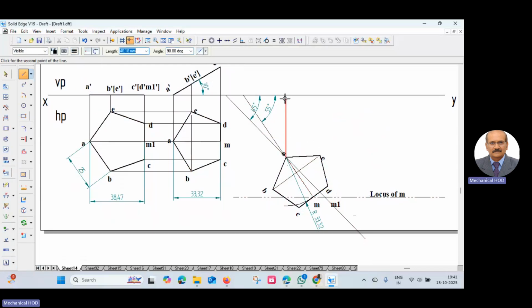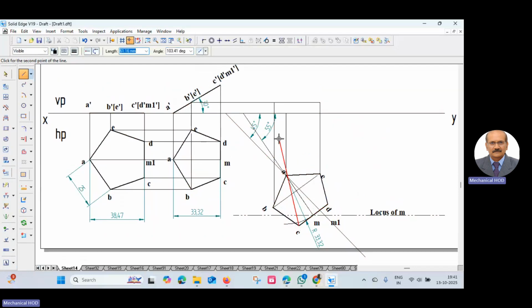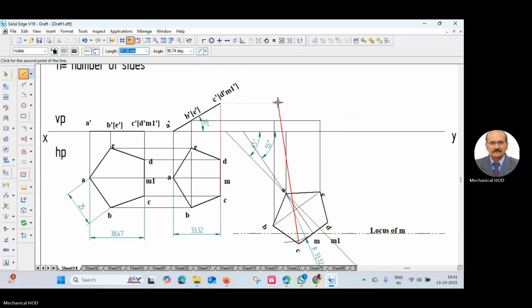Project vertical line A from B, E, C, D. Now name this point.